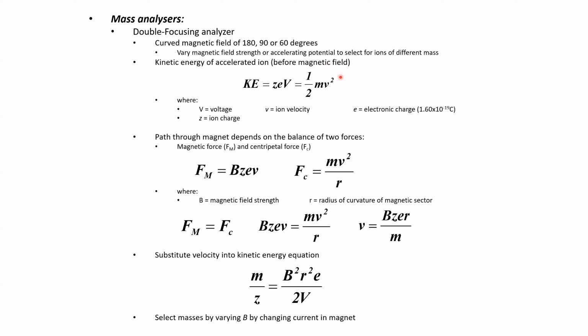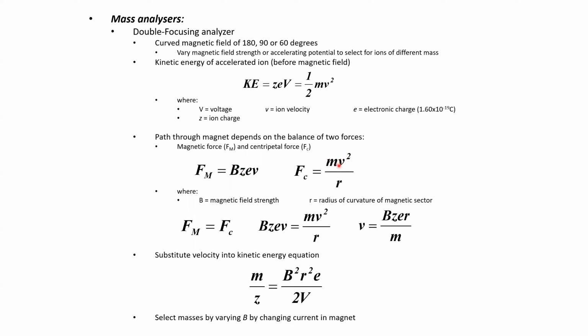So the path through the magnet depends on the balance of 2 forces, the magnetic force and the centripetal force, where B is the magnetic field strength and zeta, e, and v are the same as up here. So it's velocity, electronic charge, ion charge, and B is the magnetic field strength. And then Fc is the centripetal force.